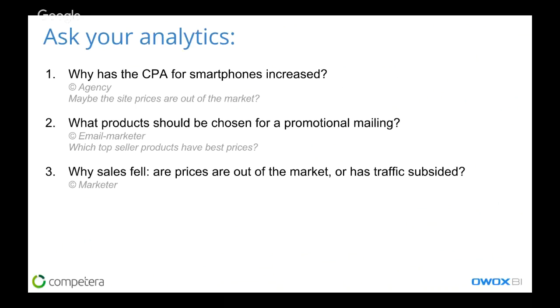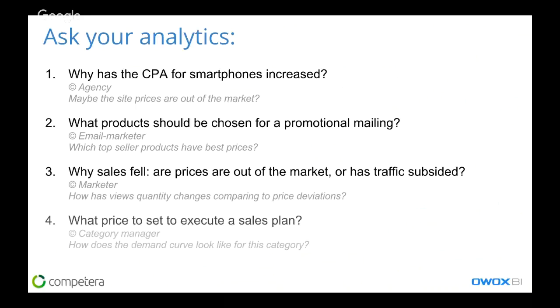So the gross margins will be zero or below zero. And there are also category managers whose main task is to fulfill the revenue plan of the particular category, set correct prices, and they want to ask the question, what price to set to execute their sales plan.